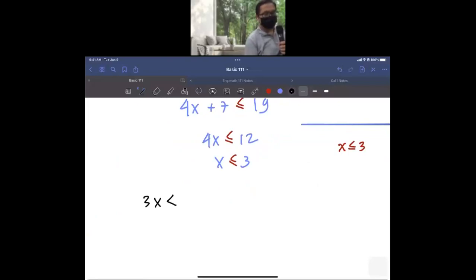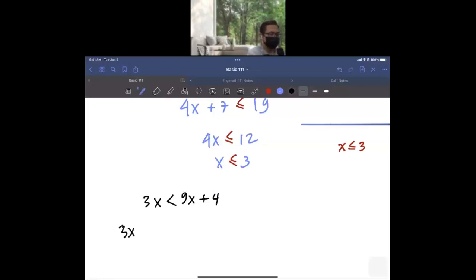If we have 3x less than 9x plus 4, to find the solutions, the first thing is to move the like terms, adding and subtracting.